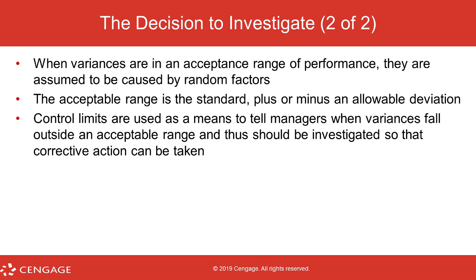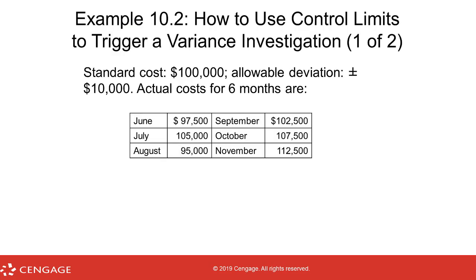So if something exceeds the control limit one way or another, hopefully we'll have some type of enterprise accounting system that will automatically prompt us that something has fallen outside of the control limit that is set. This can be through reports that are generated by the system or some type of automatic prompting. So this just gives us an example where standard cost was set at $100,000.